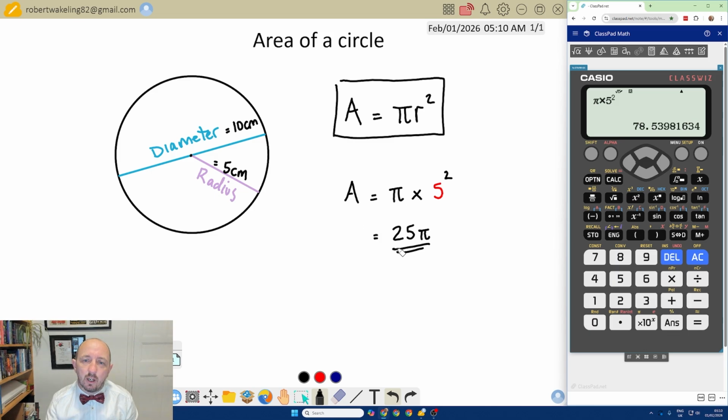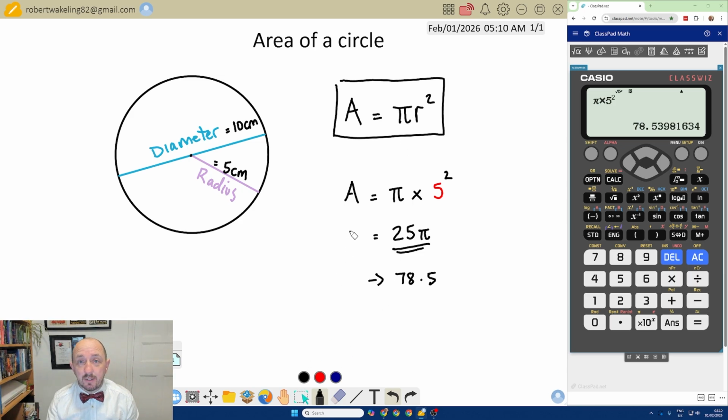So your answer may be asked to leave in terms of pi, and all that means is just leave the pi there. Okay, so 25 times pi is in terms of pi, or they'll ask you for some rounded version like 1 decimal place or 3 significant figures, 78.5. Okay, so finding the area is simply taking the radius, squaring it, and then timesing by pi.